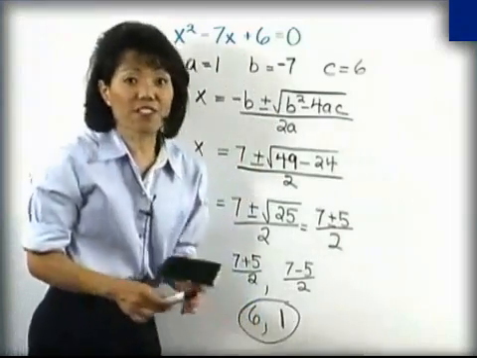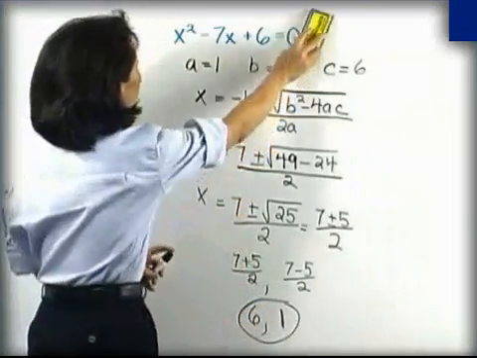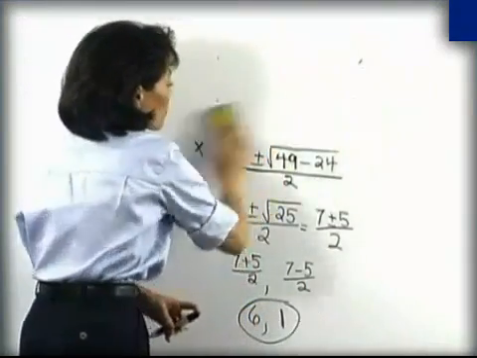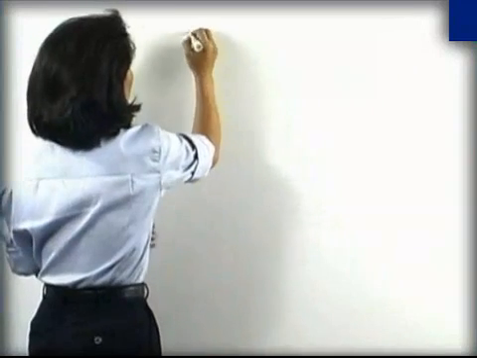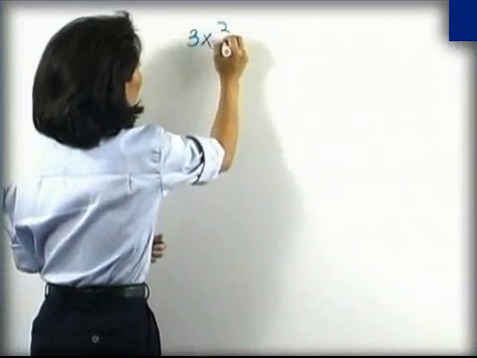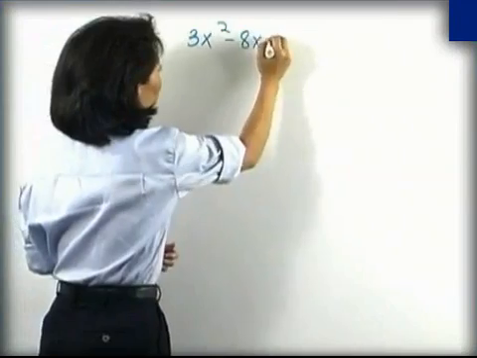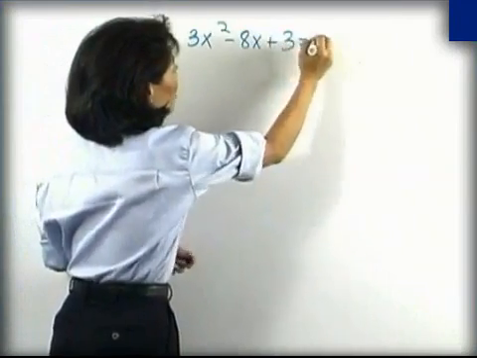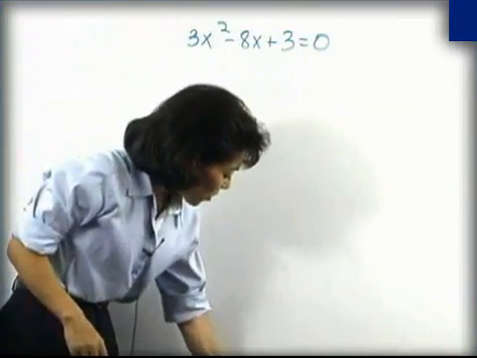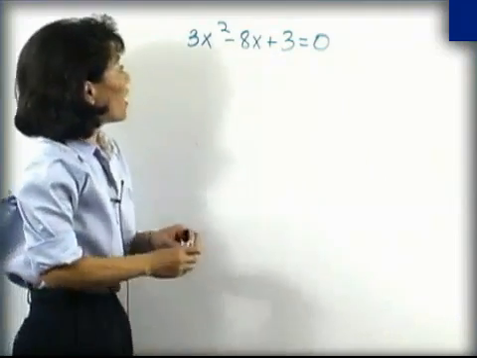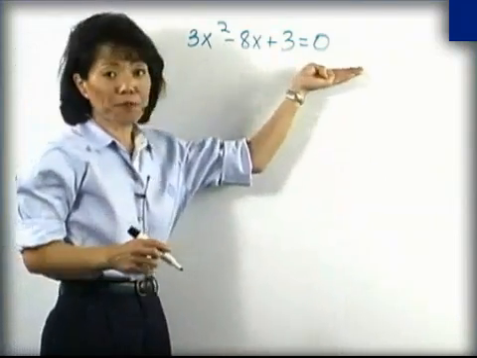Now that we've practiced with our quadratic equation, let's try one more. We're going to look at the following quadratic equation: 3x squared minus 8x plus 3 equals 0. Again, in this case, our quadratic equation is given to us in standard form.